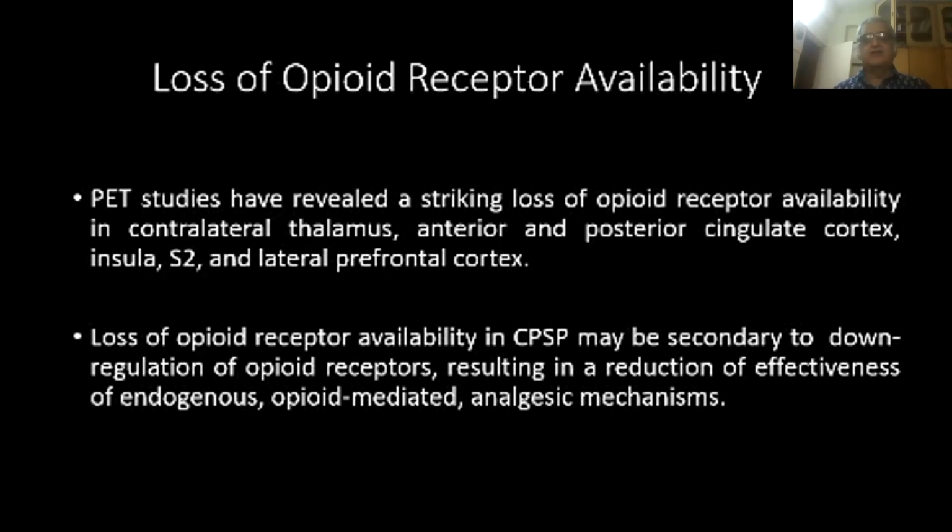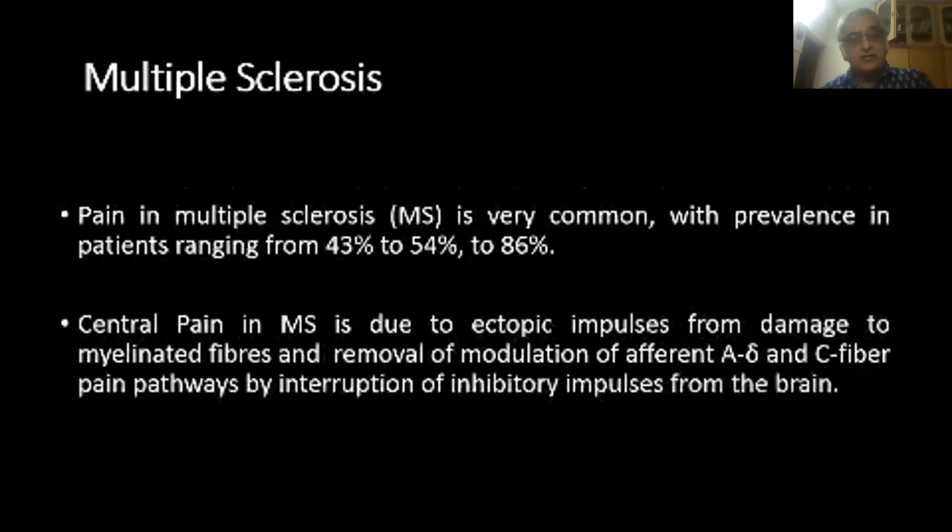PET studies have revealed a striking loss of their availability in contralateral thalamus, anterior posterior cingulate cortex, insula, and prefrontal cortex. And this may be secondary to down regulation of these receptors. Down regulation means they may actually not be damaged, but they may not be effective enough, resulting in the reduction of effectiveness of endogenous opioid-mediated analgesic mechanisms.